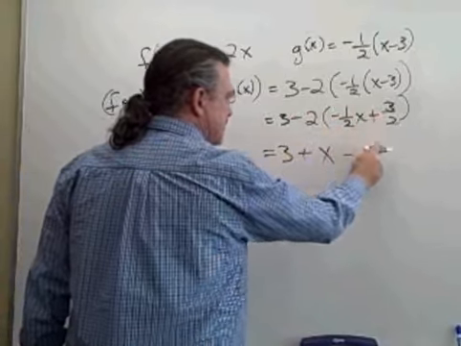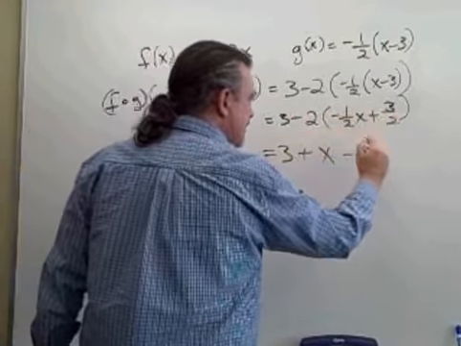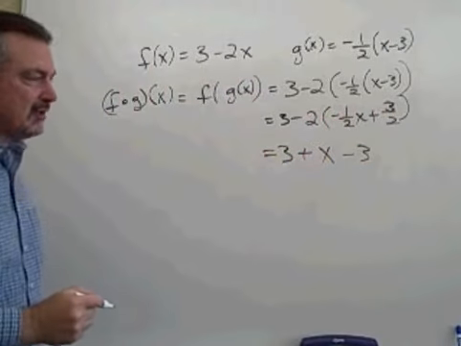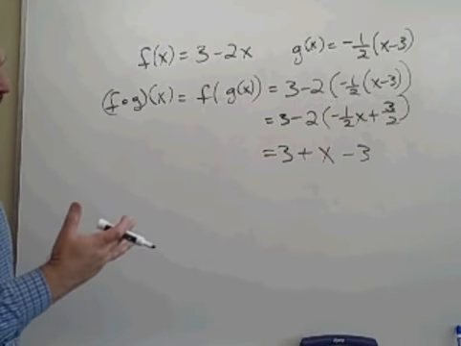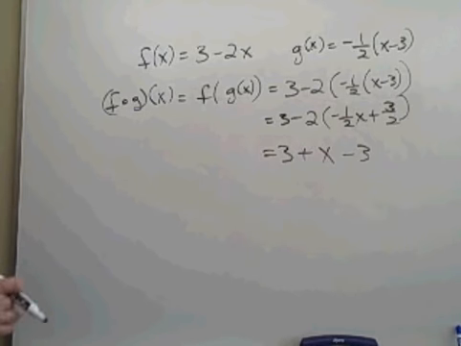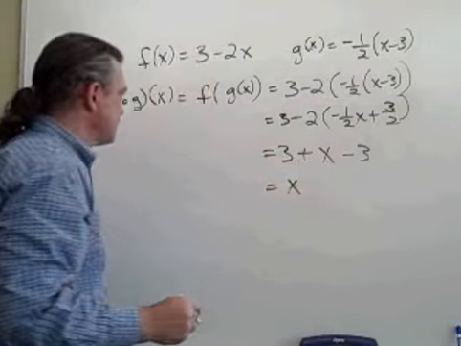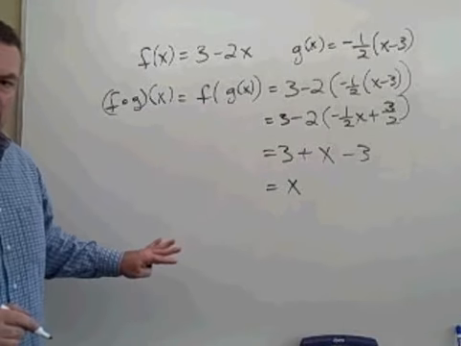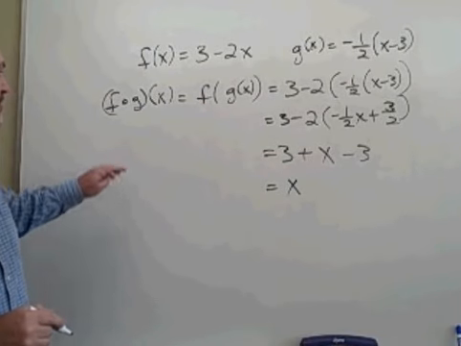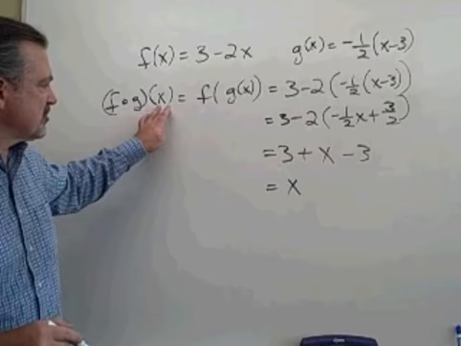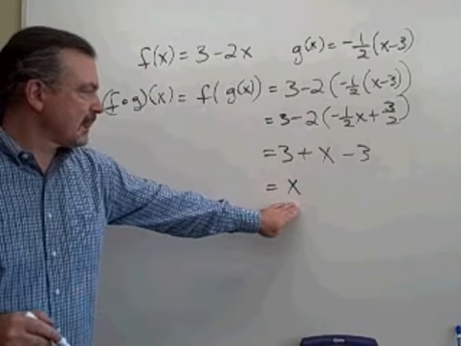Minus, the plus is minus. The 2's will cancel, just giving me minus 3. Minus 2 times 3/2, the 2's cancel, giving me minus 3. 3 minus 3 is 0. So we're halfway there in proving that these functions are inverses, because f composed with g just equaled x.